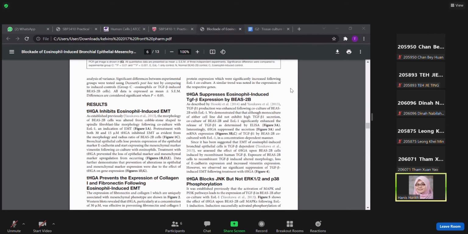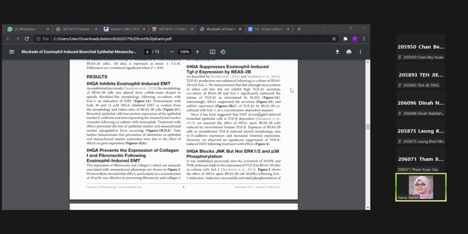Like I said, to keep it simple, EMT can be indicated by the morphological change or the alteration in the markers. So look at the sentence with Figure 1A in brackets and also Figure 1C. Choose either one. You have to discuss with the other group, but I think they wanted to stick with morphology.